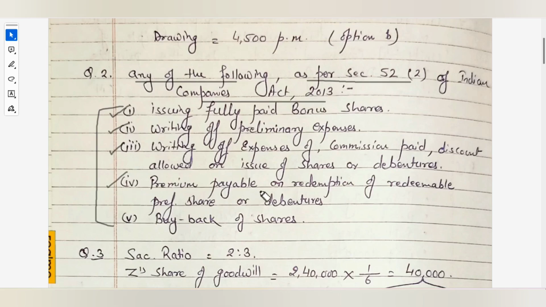The fourth is premium payable on redemption of redeemable preference shares or debentures. And the last one is for buyback of its own shares. So these are the five uses of securities premium reserve as mentioned in Section 52 of the Indian Companies Act 2013. In that blank, we need to write down only any one of these, as you remember.